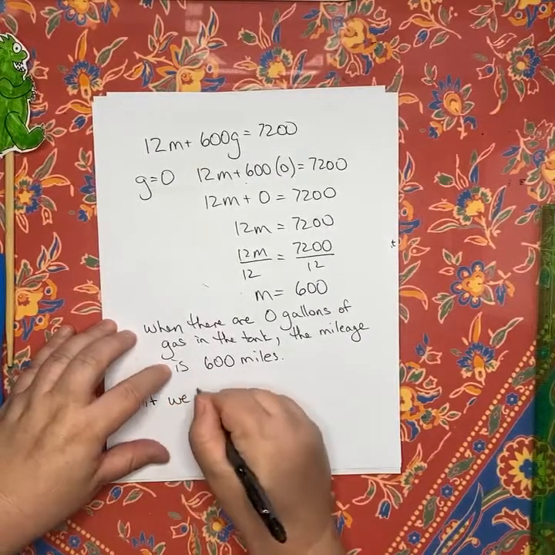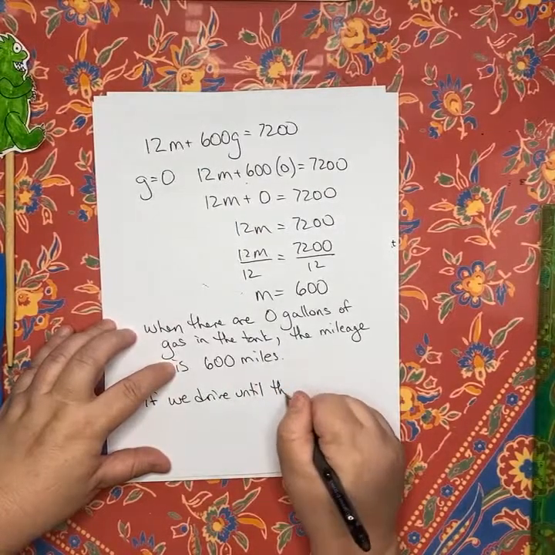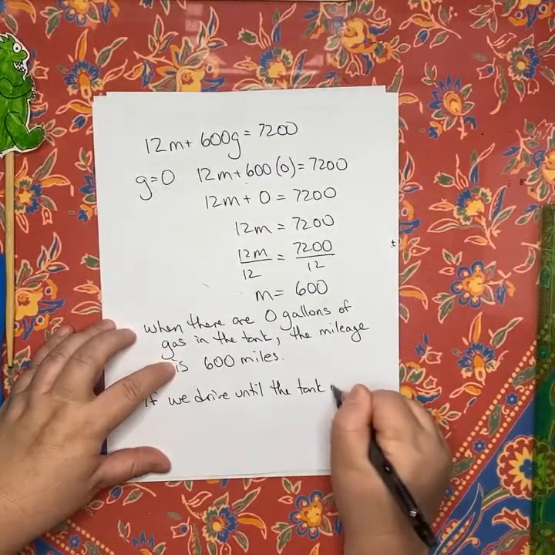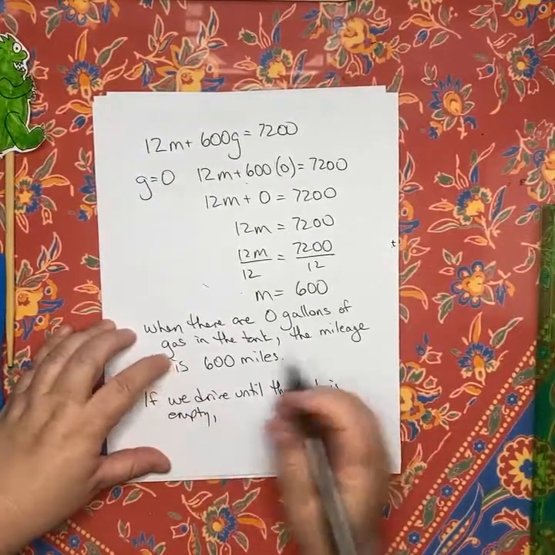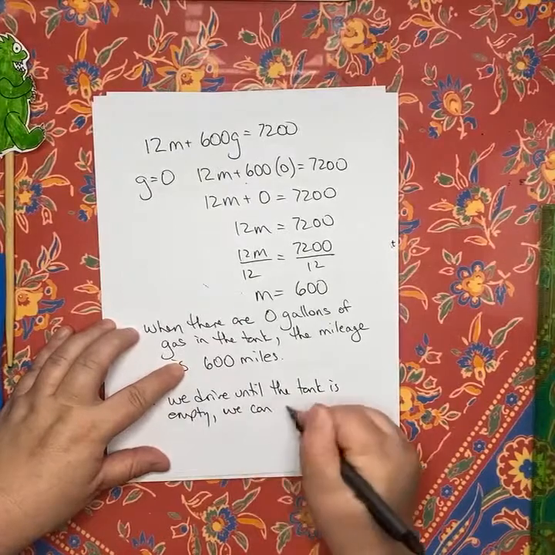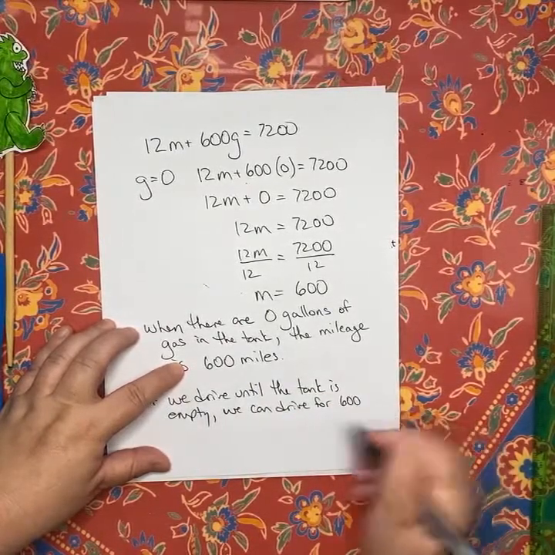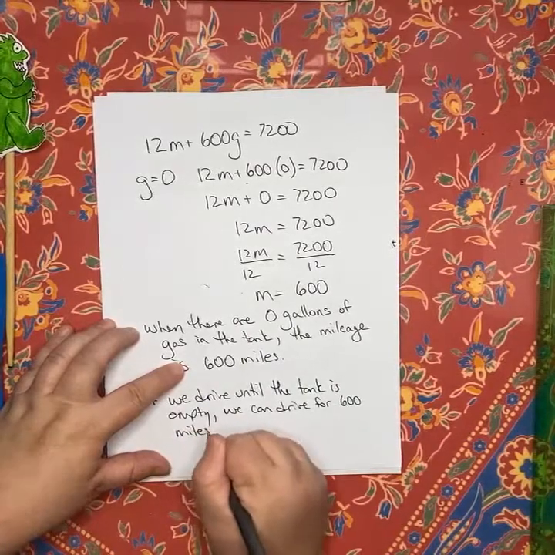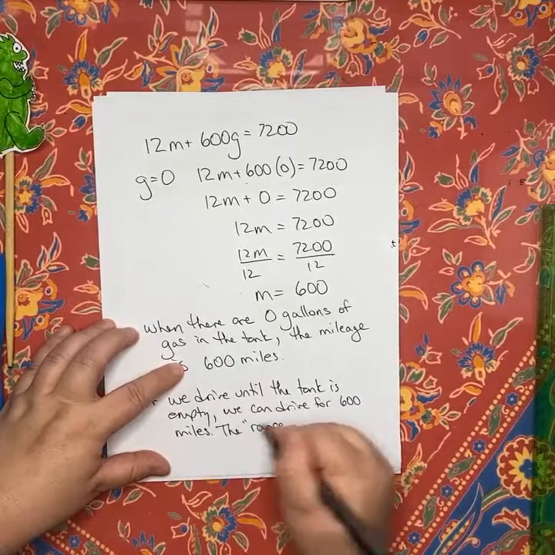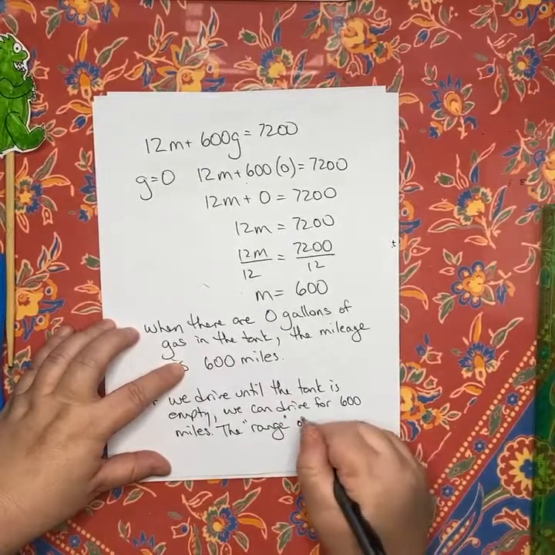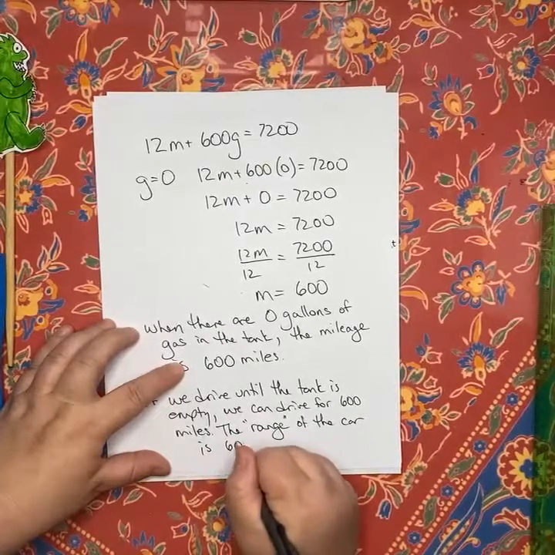If we drive until the tank is empty, we can drive for 600 miles. The range, that's what people call it, the range of the car is 600 miles.